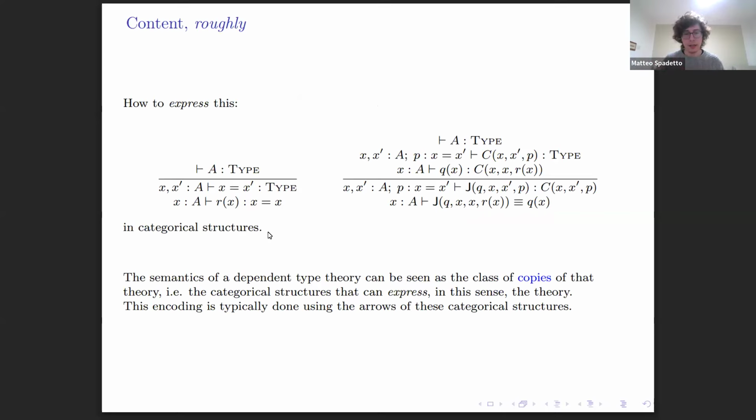Hence, this talk will be about different ways in which we can define or characterize models of a given inference rule or of a given type former of Martin-Löf type theory, in order to ask ourselves whether a general structure is or is not a model of that given inference rule.